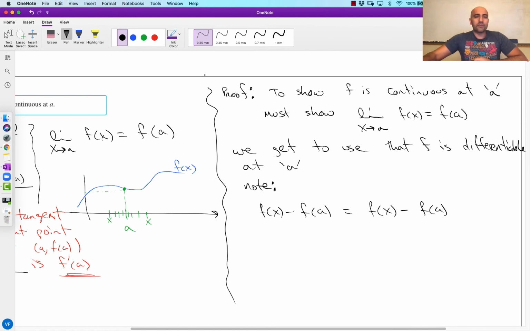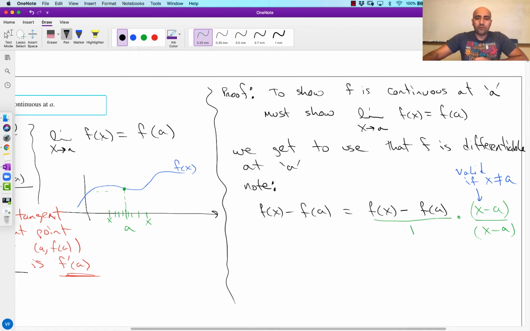And then what we can do is think of this as a fraction, and we can multiply the numerator and denominator by x minus a over x minus a. This is a new version of 1, as long as x is not equal to a. So this is valid if x does not equal a. And that's okay. We're not going to let x equal a.